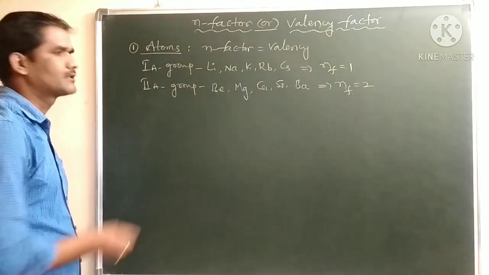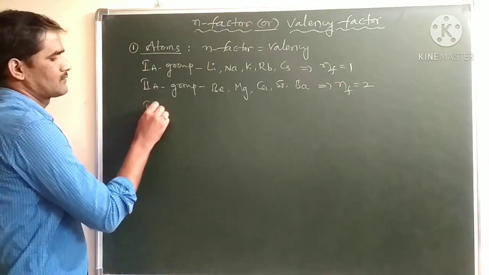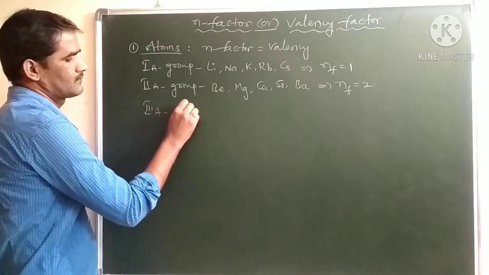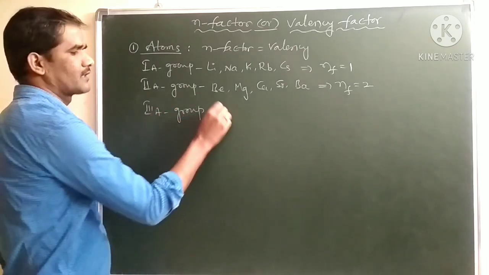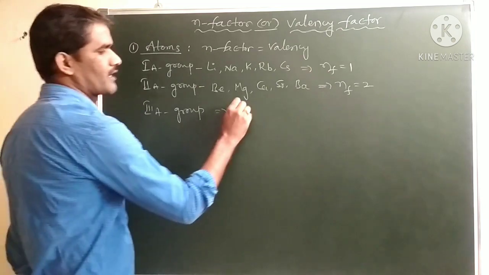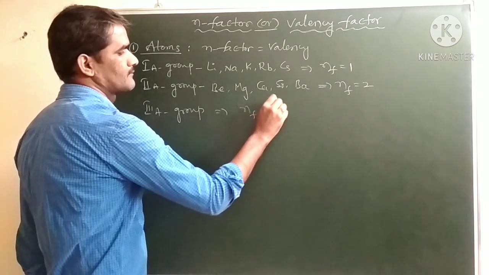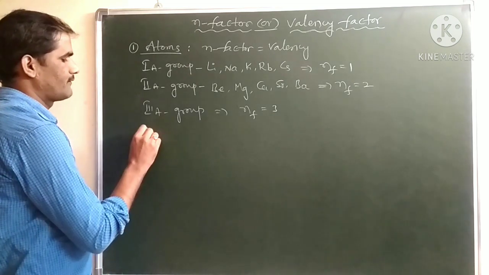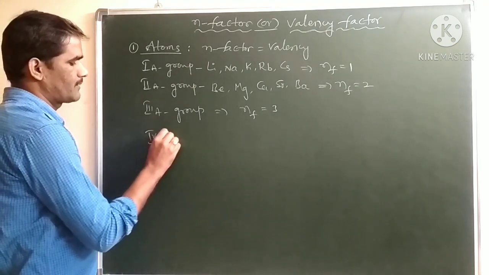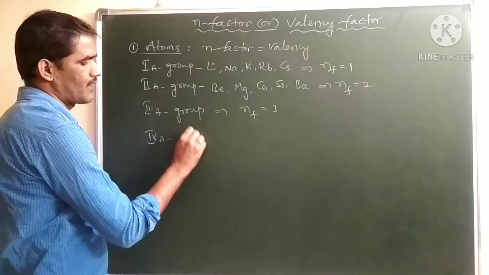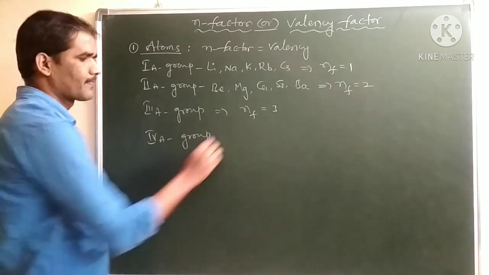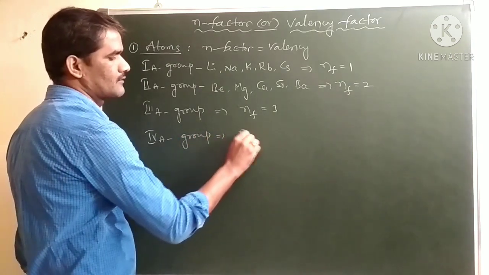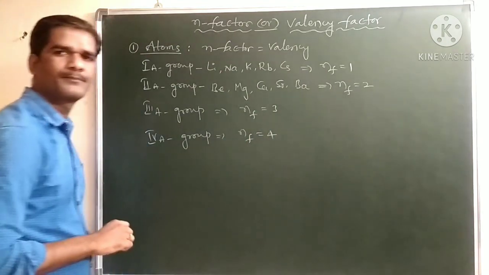Similarly, the third A group elements, boron, aluminium, have N factor 3. And if you take fourth A group elements, the carbon family, their N factor is 4.